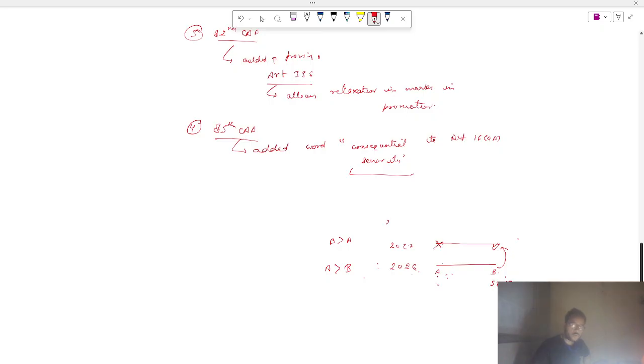Now, in 2028, let's suppose a vacancy arises for the unreserved category. So A will get promoted, and let's suppose a vacancy also arises for B in the ST community, then B will also be promoted. So in 2026, A is senior to B, and in 2027, B is senior to A because vacancies arose for B. So B got promoted, but A did not.